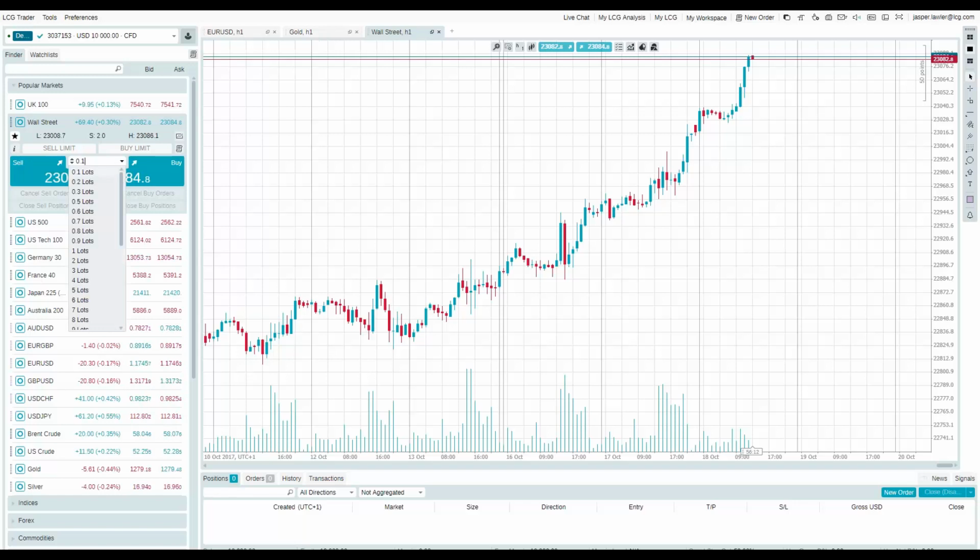If you're buying one lot, and Wall Street goes up from 23,082 to 23,083, then you're making $10.